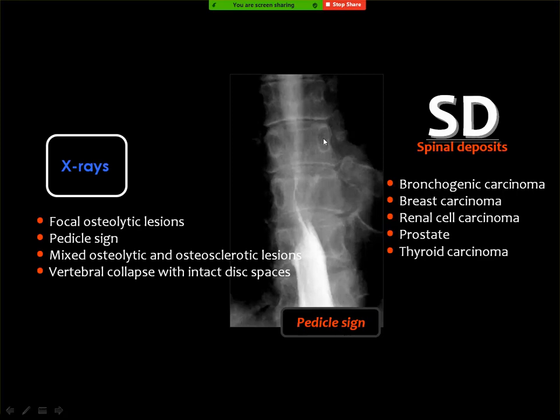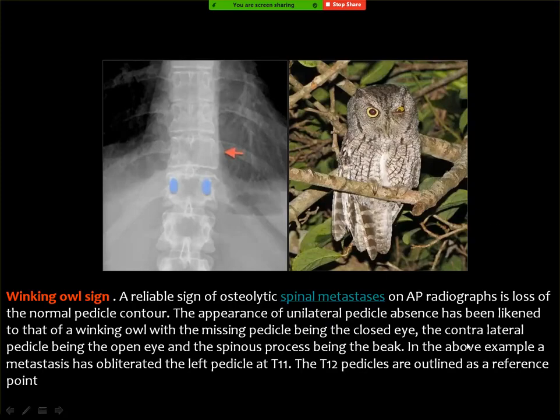And you see the pedicle of the vertebra and the opposite pedicle. But here you see the right pedicle, but you don't see the left pedicle. And this was one of the signs of metastasis by plain X-ray.